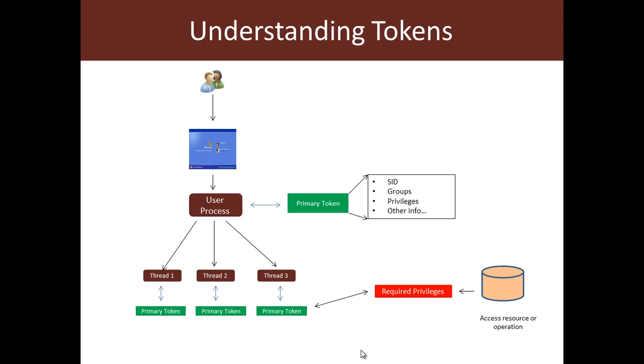If the token has sufficient privileges, then it is allowed to access the resource or the operation. Very simple concept. So think about tokens as authorization objects which are given to user processes and which they use to show proof whenever they are requested for privileges by some other entity.